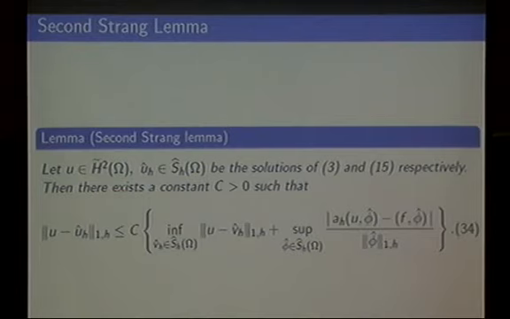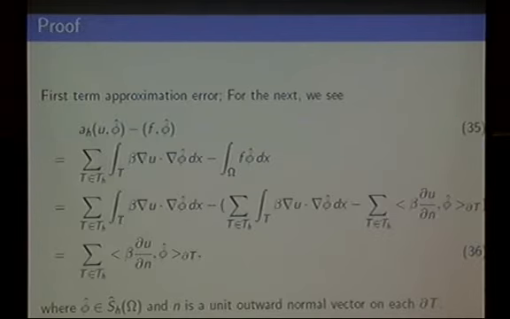As usual, the error is bounded by the interpolation error, and then this is called the consistency error, by the second Strang lemma.